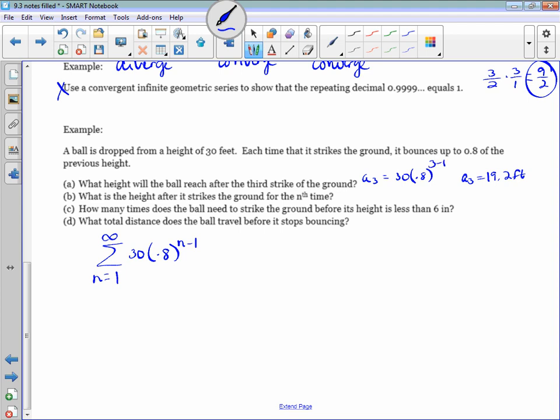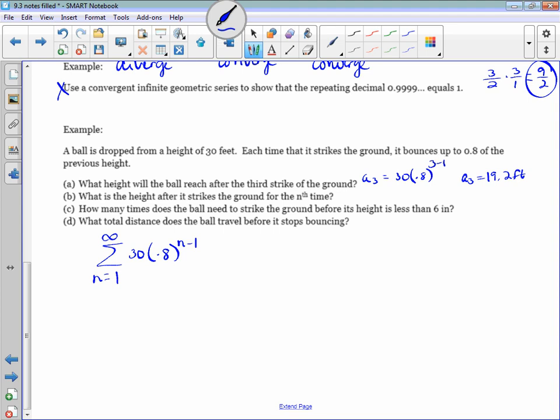So it's 30 times 0.8 squared. Because it's not like it bounces point... Because that would make sense, right? Wouldn't that be weird if it's bounce, bounce, and then all of a sudden it's way up here? Okay. That's why we have that formula of A over 1 minus R. For this?